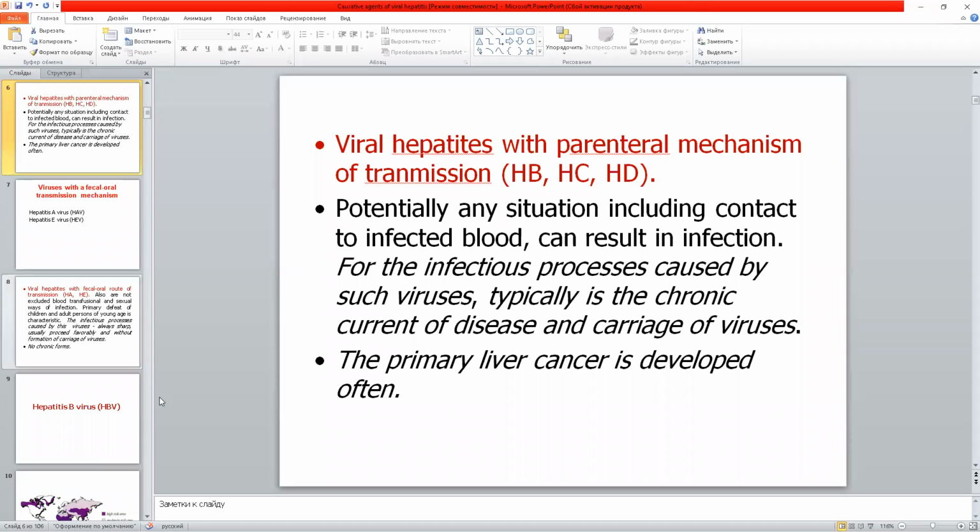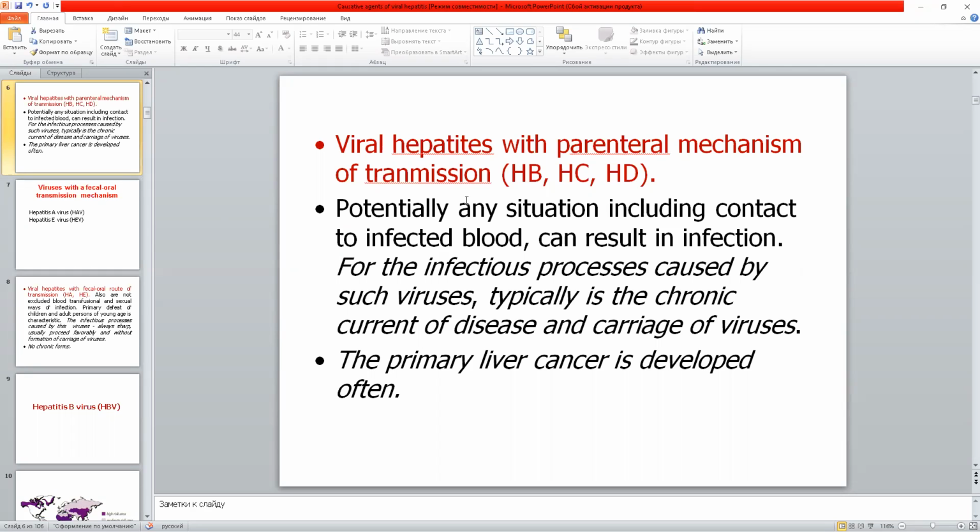In this case, we are talking about chronic clinical form. And some people are just carriers of the viruses. Carriers are infected by pathogenic microbes, but they have no clinical symptoms of disease. So the difference between chronic infection and carrier state is that carriers have no clinical symptoms.